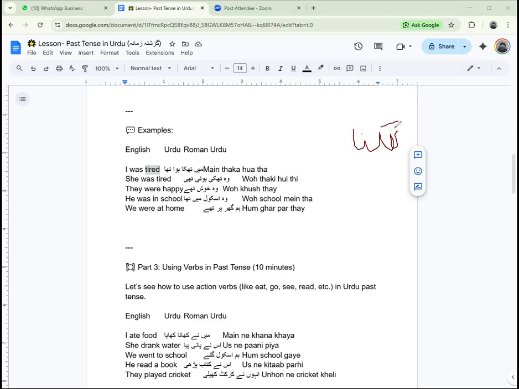In Urdu, we change the root word according to the tense. Thakna is the root word here.